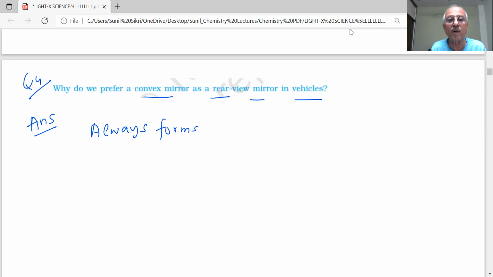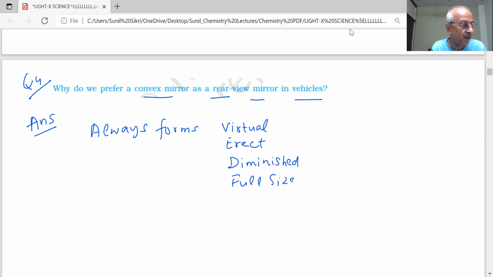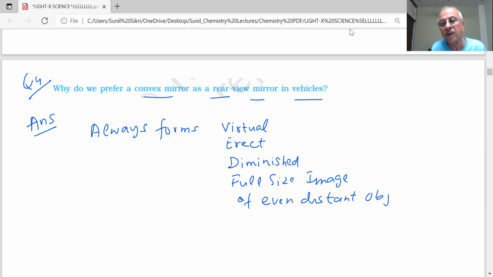It always forms a virtual, erect, diminished, and full size image of even distant objects. Is it clear?